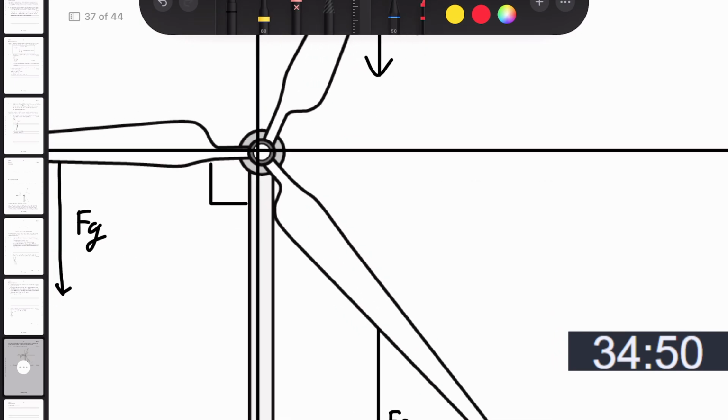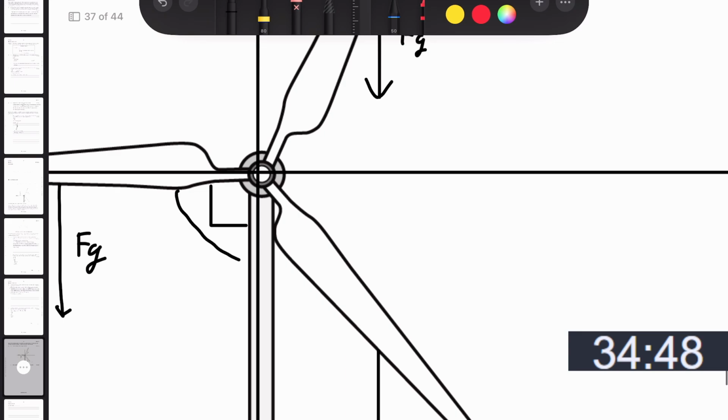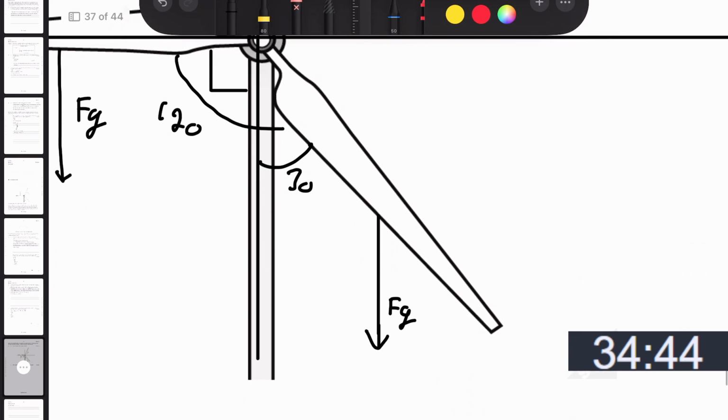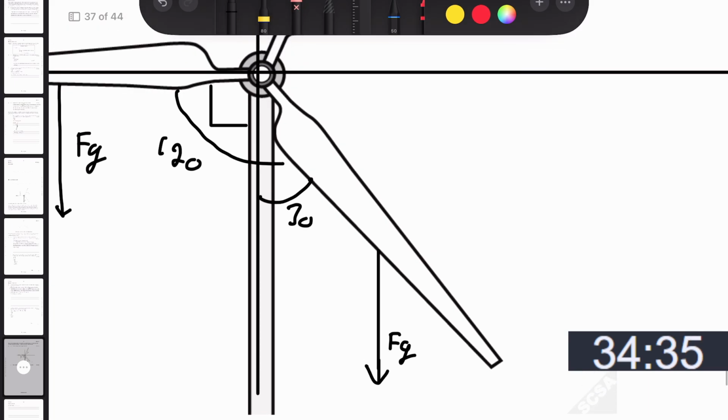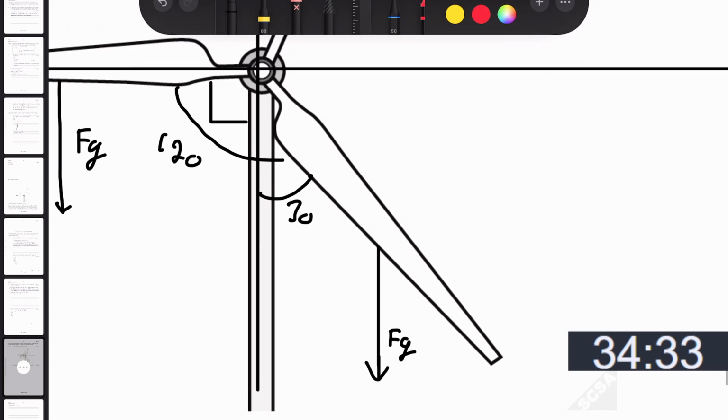Okay, that's 90, and this has to be 120, so this must be 30. So then this angle here, if I drew like that, that's 30 degrees.